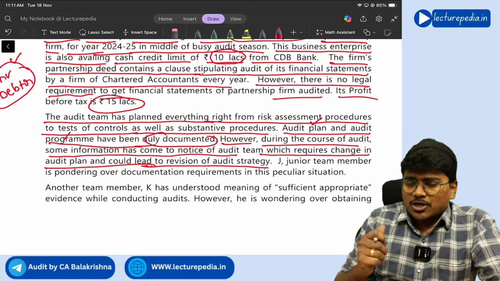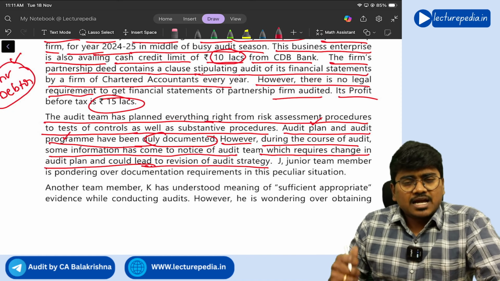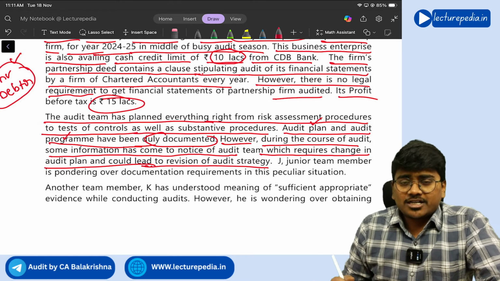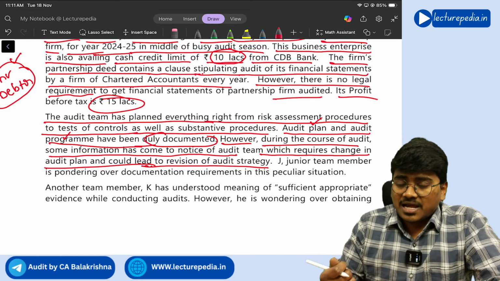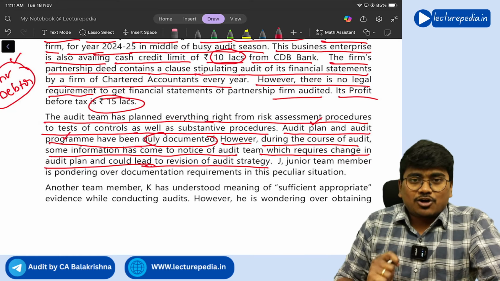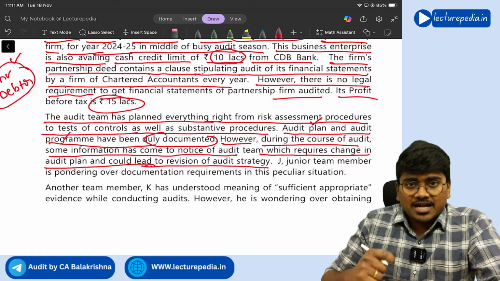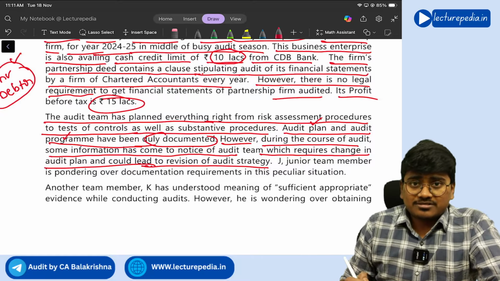Now tell me, during the audit, can you change audit strategy and audit plan? Yes, of course you can change audit strategy and audit plan. So whatever changes you have made to the audit strategy and plan, that also you should document. Which circumstances caused you to change and what changes you have made, these things should also be documented, right?